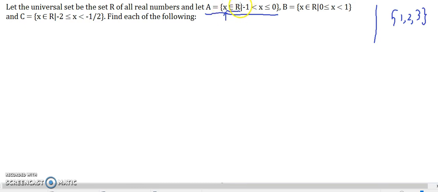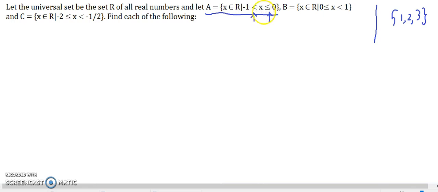So this pretty much tells us x is a real number. And then we draw a vertical line right here. And next we're going to describe what kind of real numbers x is. In this case, it says x is less than or equal to 0, and x is greater than -1.